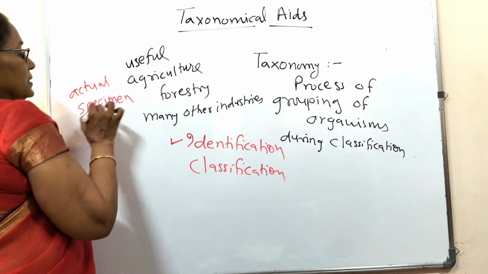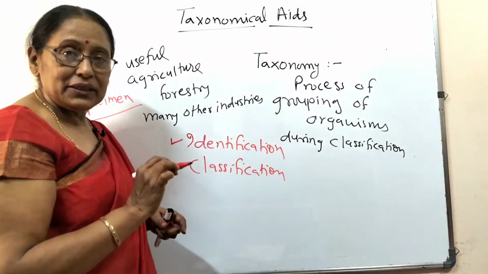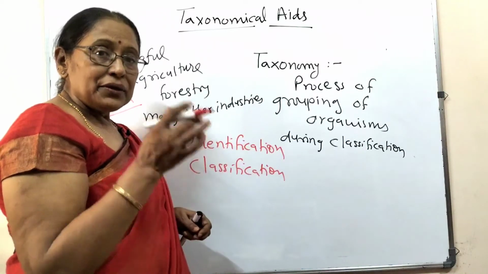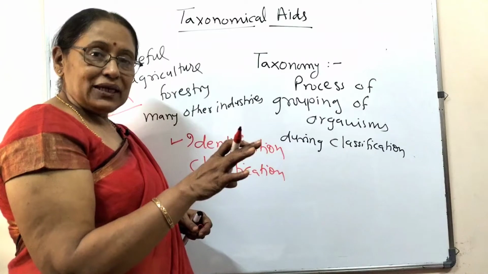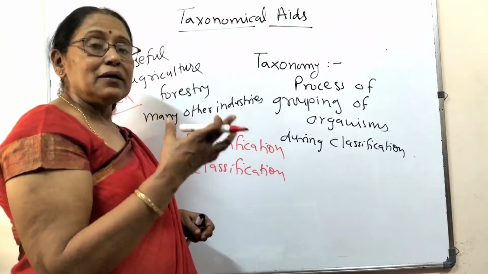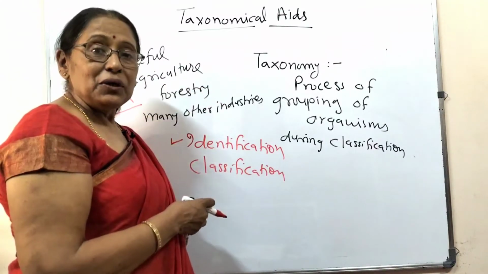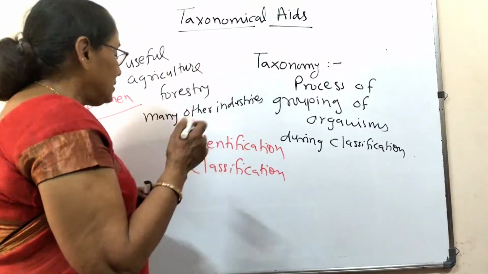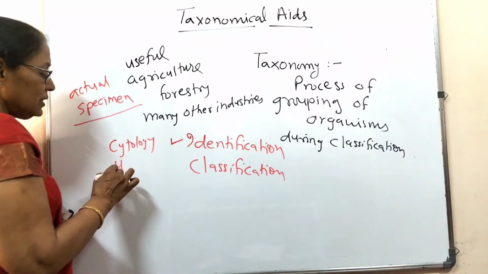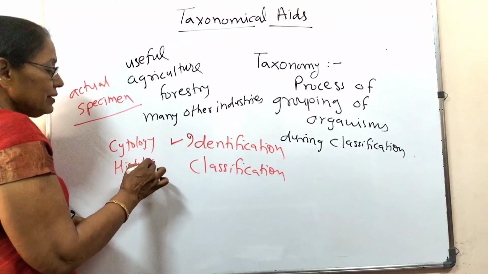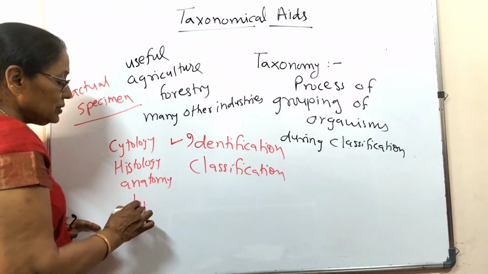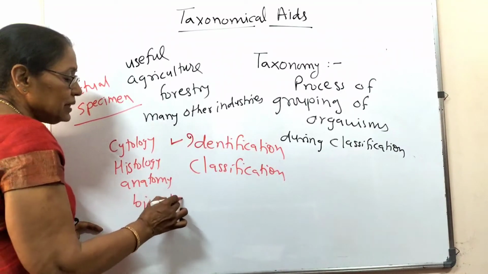Then it is not just the morphological features. You see it and classify it accordingly. That is not taxonomy. You know that other than morphological character, we use many other aspects also, like cytology, histology, anatomy, the study of biomolecules, and many things.